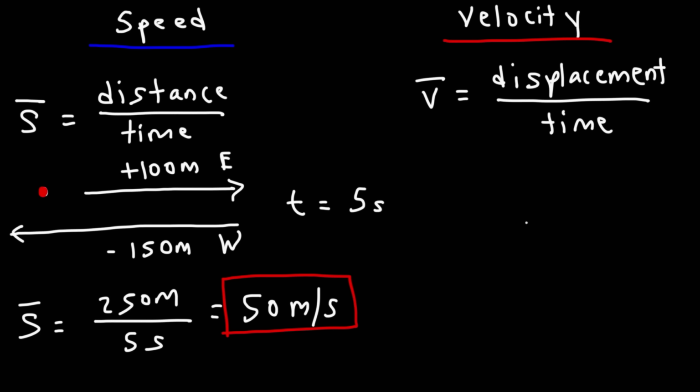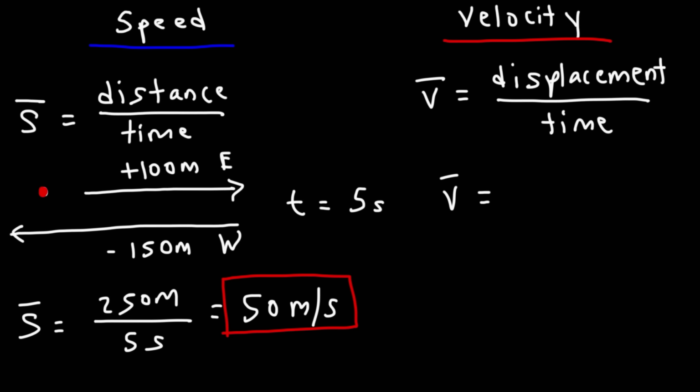Now, the average velocity is different because the displacement is different. There are two ways in which we can calculate the displacement. We can add up the displacements for the individual segments of the problem. The displacement for the first part is 100 meters, and the displacement for the second part is negative 150.